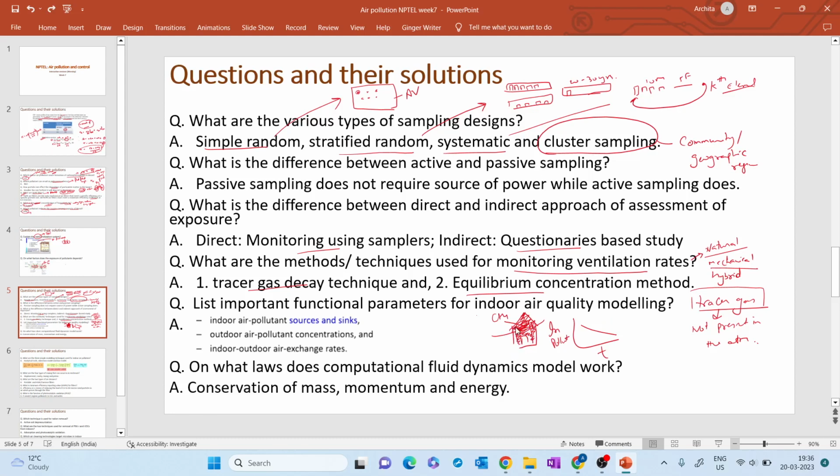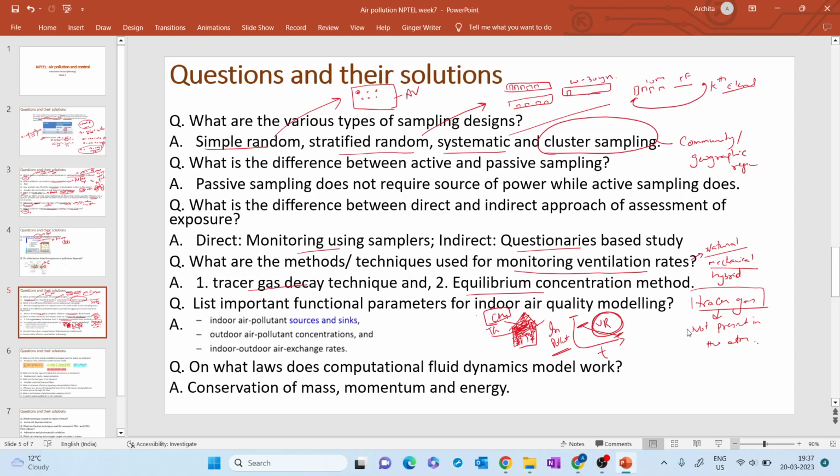The time this tracer gas will take to replace all the pollutants that are there in the room will be its ventilation rate. So it changes, right? Initially the concentration of indoor pollutant was high, and over time the concentration of tracer gas will increase and the concentration of pollutants will decrease. So this slope will give us the ventilation rate.